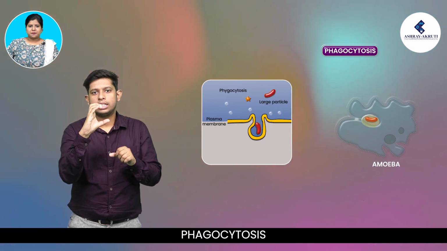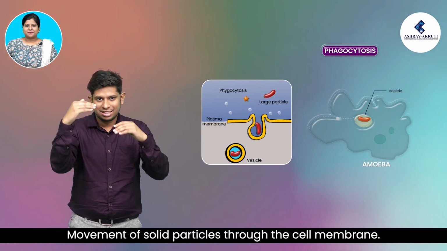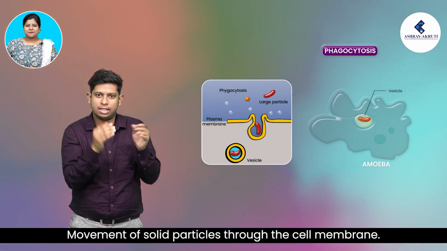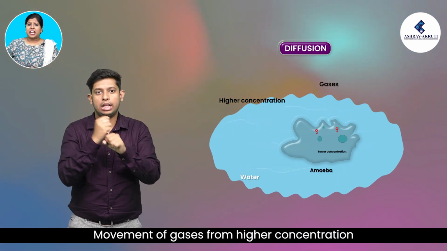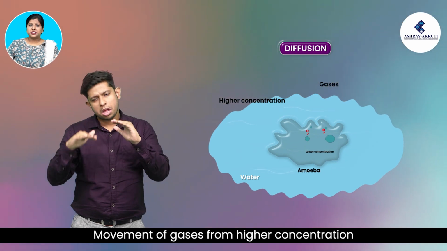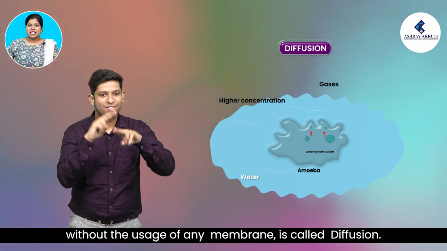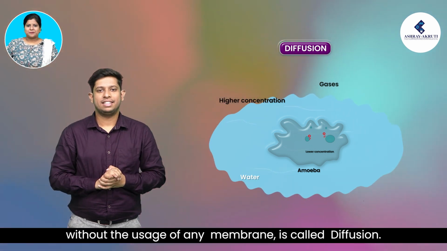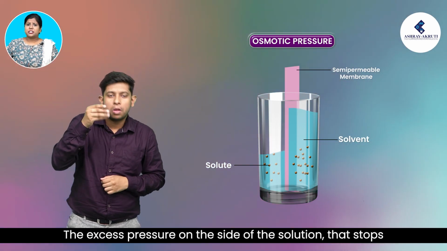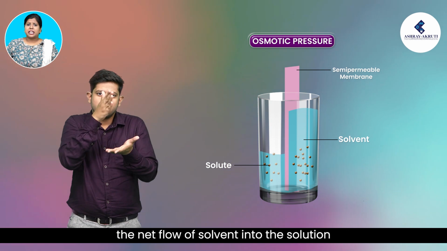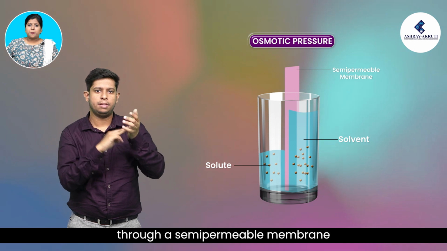Phagocytosis, movement of solid particles through the cell membrane. Diffusion, movement of gases from higher concentration to lower concentration without the usage of any membrane is called diffusion. Osmotic pressure, the excess pressure on the side of the solution that stops the net flow of solvent into the solution through a semi-permeable membrane.